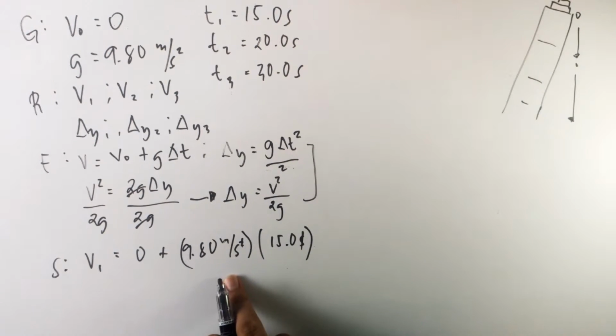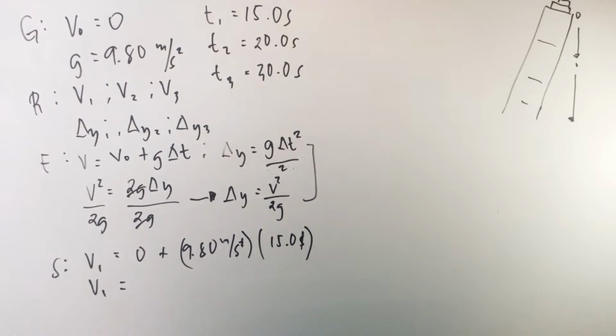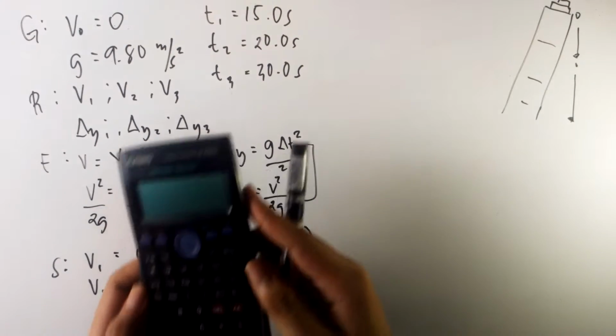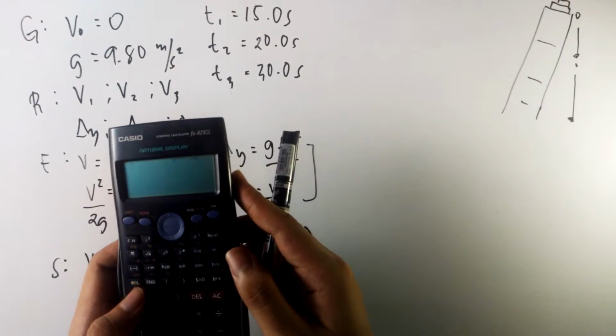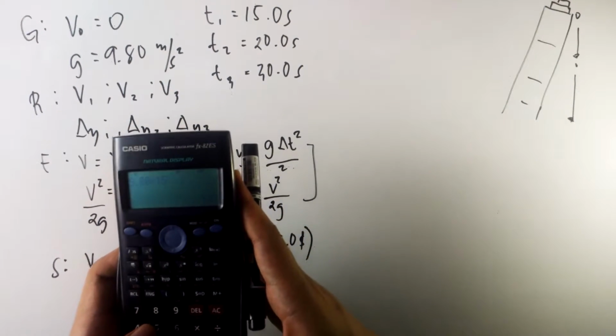So you're going to have meter per second. I think that's easy enough. So v sub 1 is 9.8 times 15. What's the answer to that? Let's do that. 9.8 times 15.